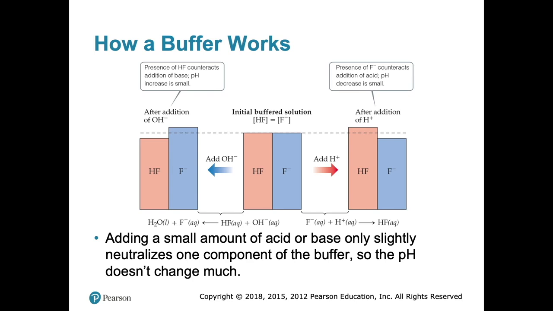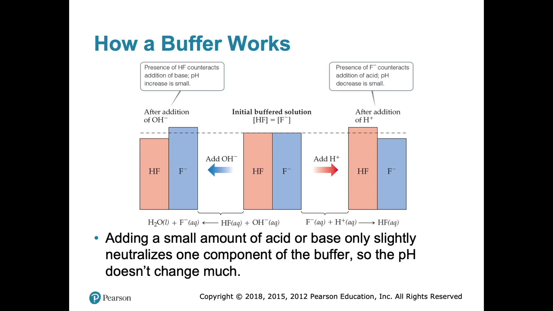But since there's a buffering system in place where we have fluoride ions almost in the same concentration as HF, you can add more protons and the hydrogen fluoride concentration goes up and the fluoride concentration goes down, but it doesn't change the pH because the protons aren't freely floating around. If the protons were freely floating around, that's when your pH would go down or your acidity would go up.